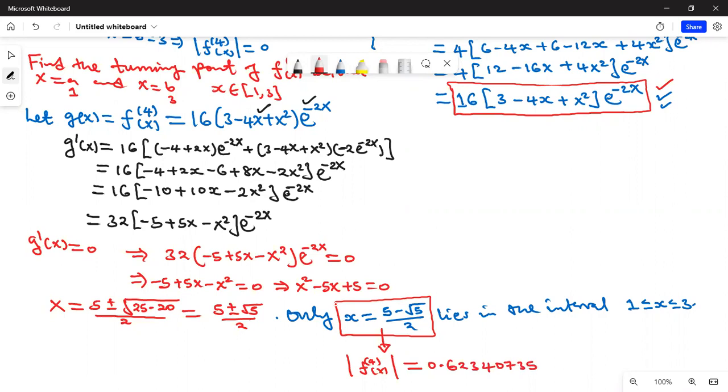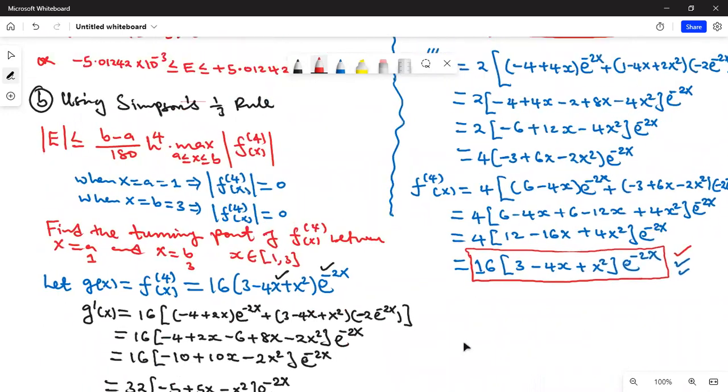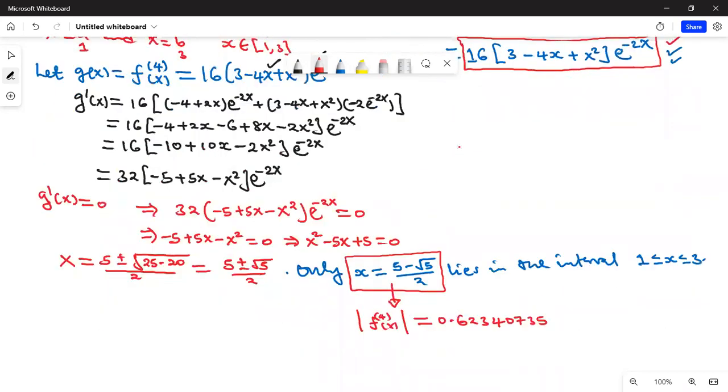So now the question is, at the endpoints, the value was 0, and we have found a point between the endpoints where the value is a number greater than 0. So we need the maximum between this value and what we have found down here. It is clear that this is the maximum value that you are looking for.